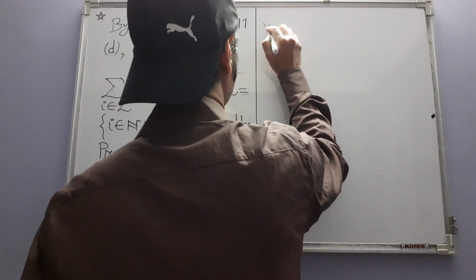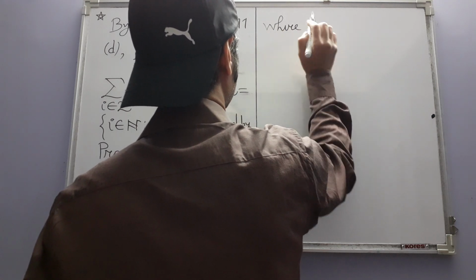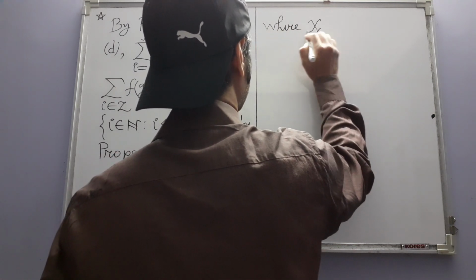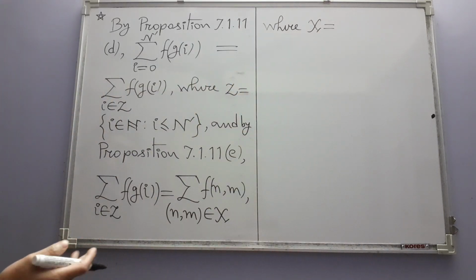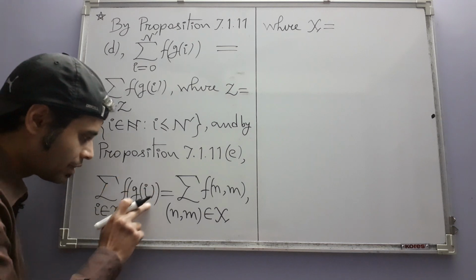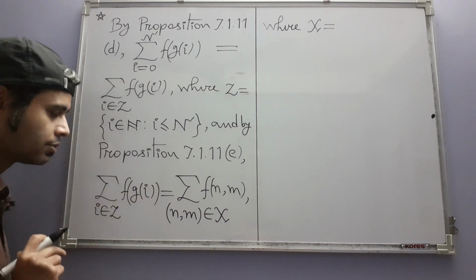Where x is, now you can clearly see what x will be. X will be the set of all the g of i's that we have here.